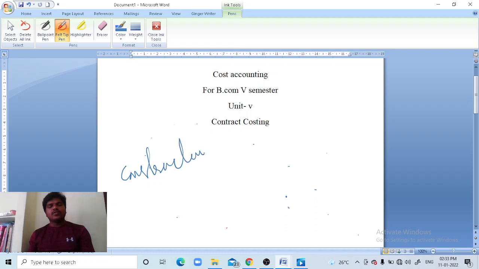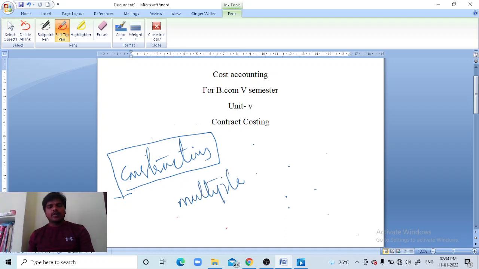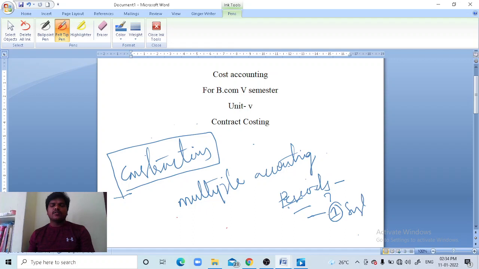Mainly it relates to construction work. This type of work may require multiple accounting periods. It means the construction of buildings or bridges may never be completed in a single year. It requires 2 or 3 or 4 years of time to complete the work.